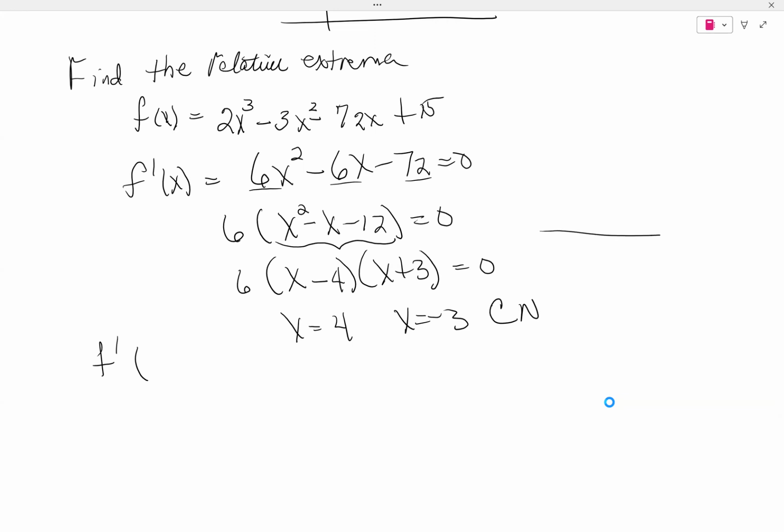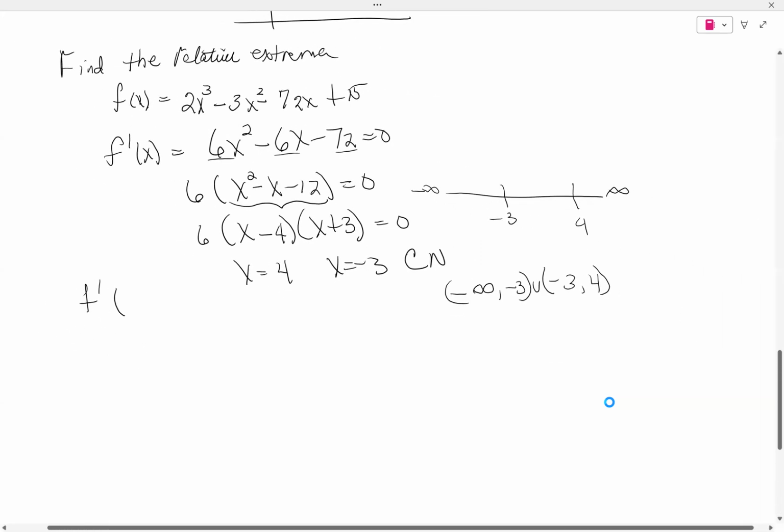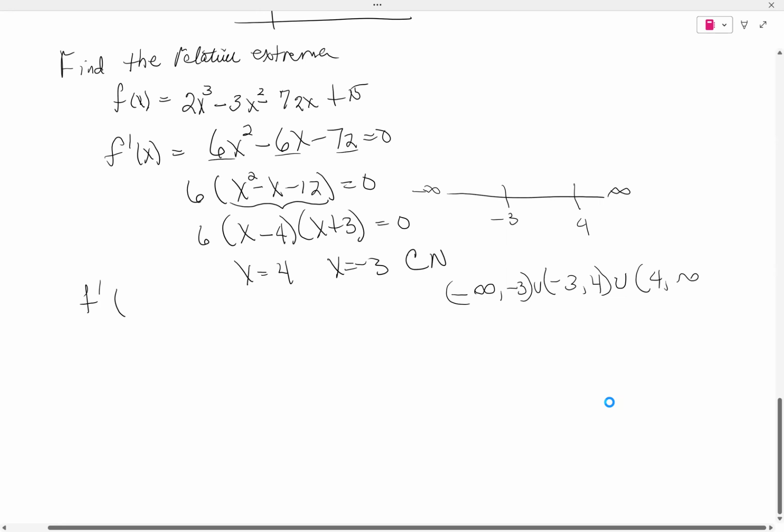Assuming we use the number line method, here's negative infinity, infinity, here's -3, and over here is +4. I have an interval from negative infinity to -3, union -3 to 4, union 4 to positive infinity.